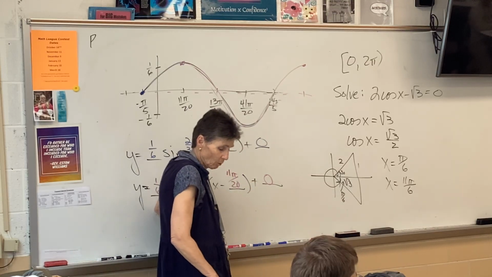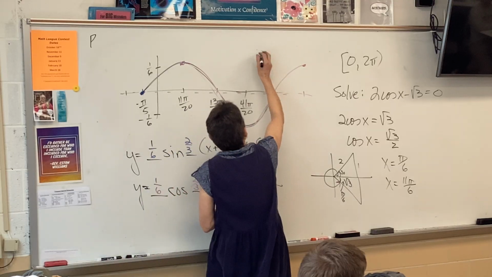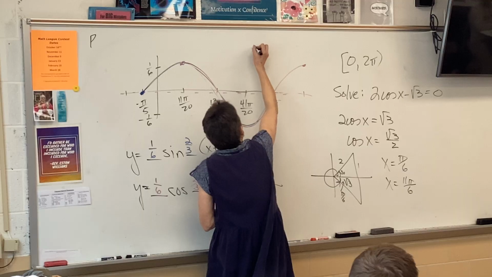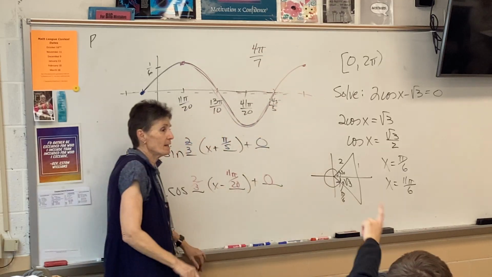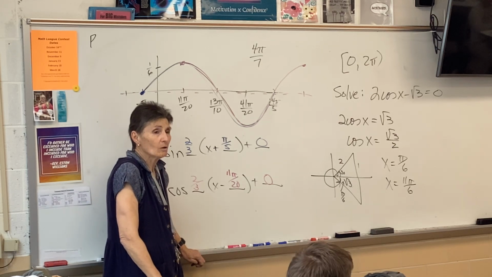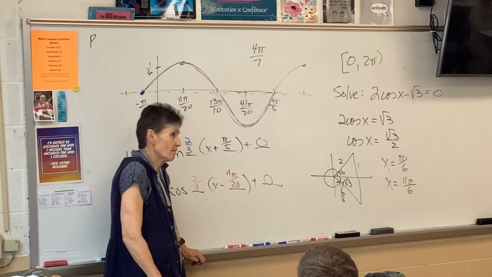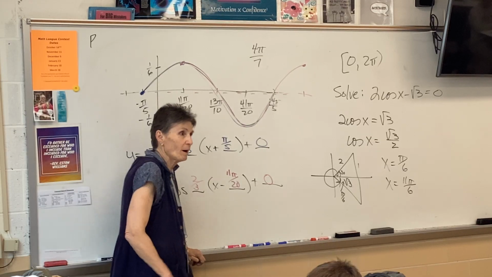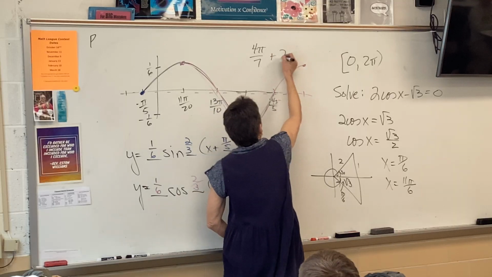All right, one more here. Suppose I give you an angle y, 4 pi over 7. And I say find an angle coterminal with 4 pi over 7. Add 2 pi. Or subtract 2 pi. Whatever flips your switch.